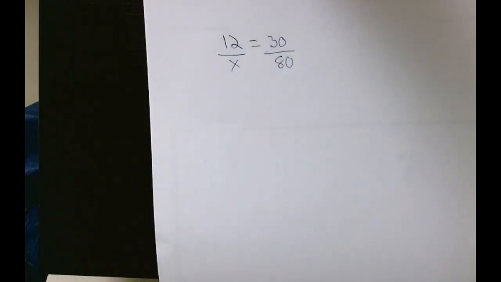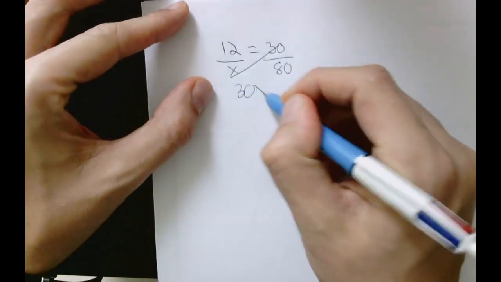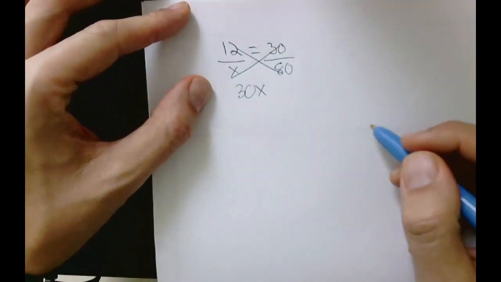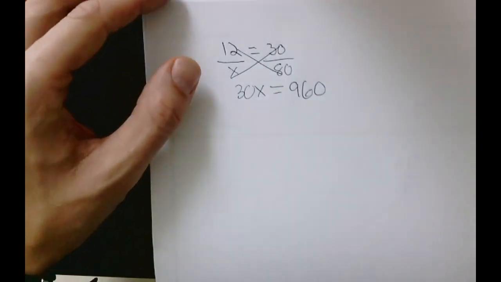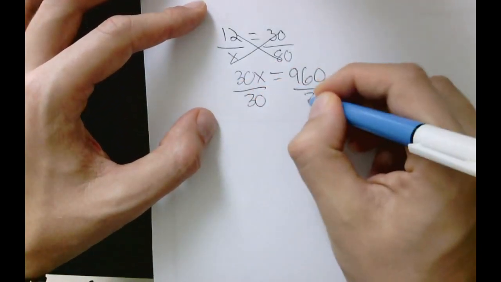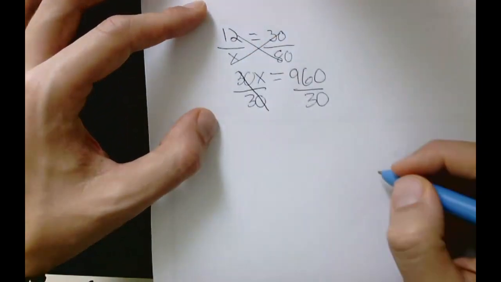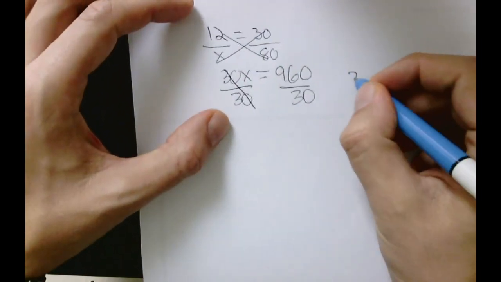Now we can solve this using cross products. So let's do x times 30 to get 30x, and 12 times 80, which is 960. Then I'll divide both sides by 30. 960 divided by 30.